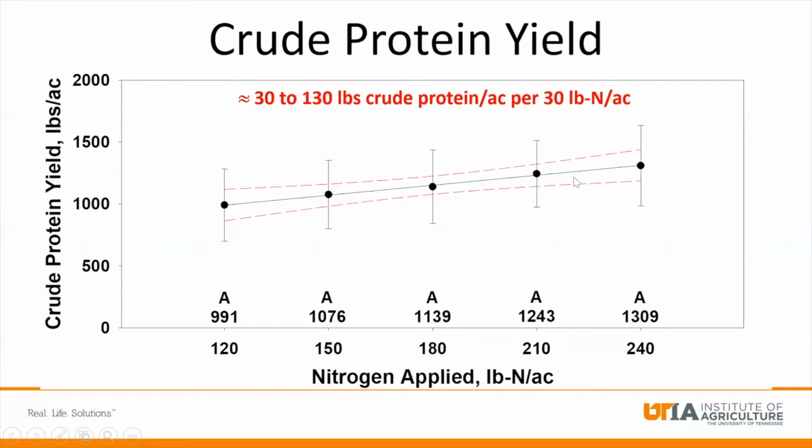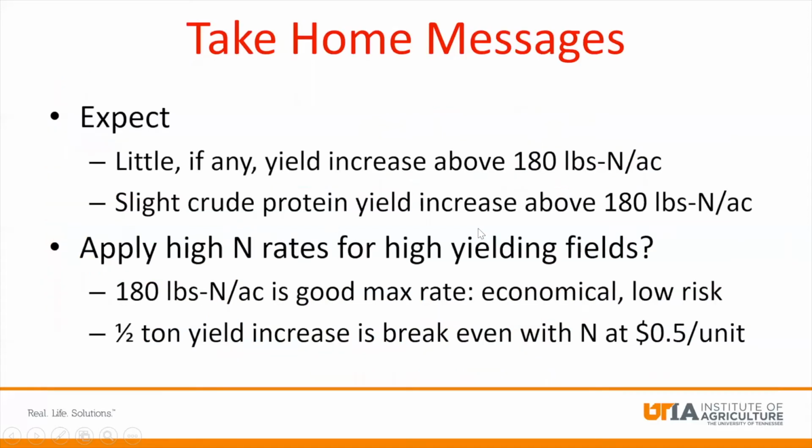And when I fit these averages with a straight line, the slope of that line is significantly different than 0. It's at least 30 pounds of crude protein per acre of an increase for every 30-pound increase in the nitrogen application rate. And it could be as high as 130 pounds. So there is some improvement in corn silage quality.